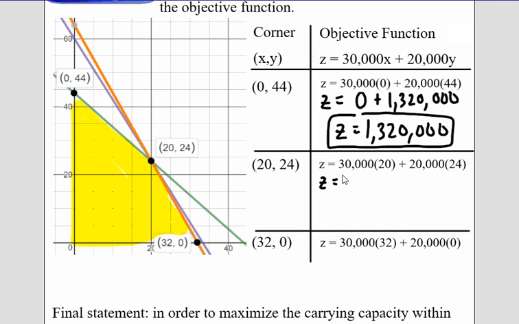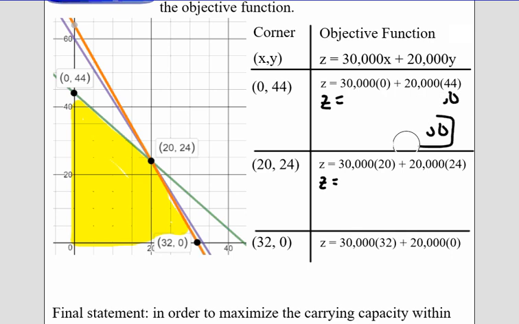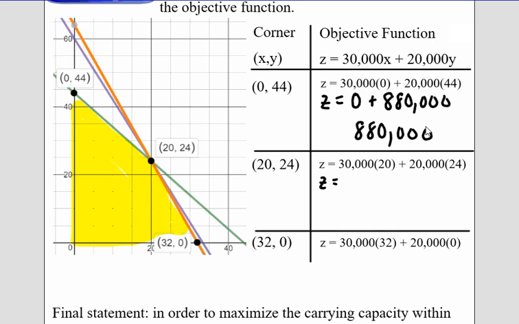This is going to end up being, let me see. I want to make sure I did the last one right because that doesn't look right. Yep, this is incorrect. The 0 was right. I plugged the 44 into the 30. So going back, 0 plus 20,000 times 44, that has to be 880,000. So 880,000 cubic feet would be this one.